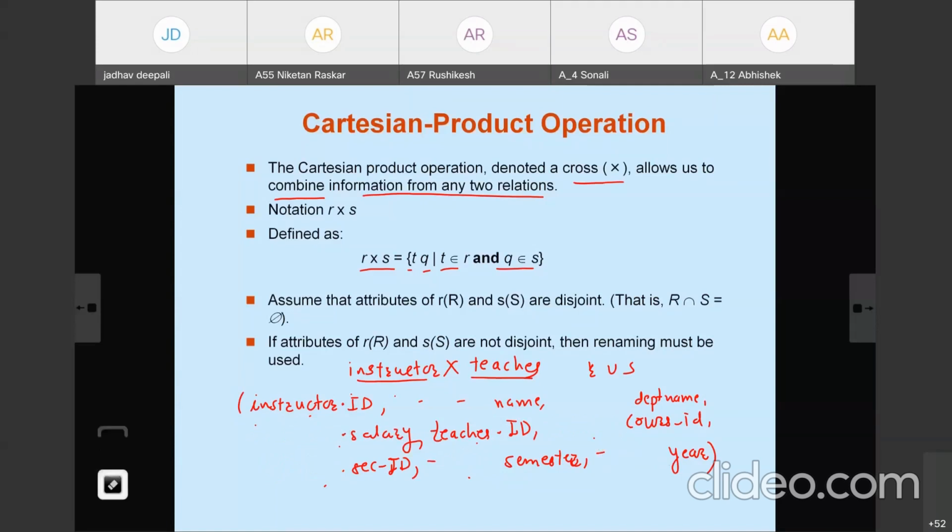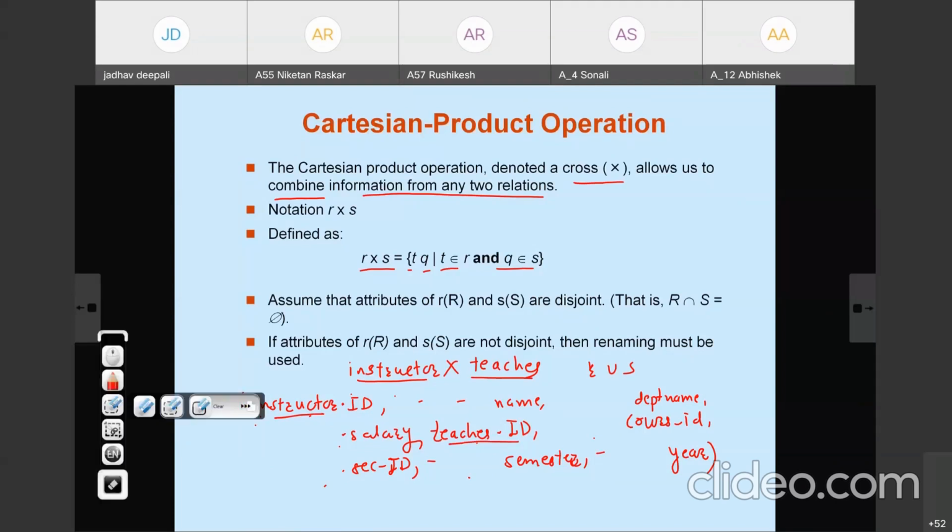But ID appears in both relations, and that's why we need to use the prefix to indicate that this ID is from the instructor relation and this ID is from the teaches relation. For the remaining attributes which appear in only one relation, it is not necessary to use the prefix.